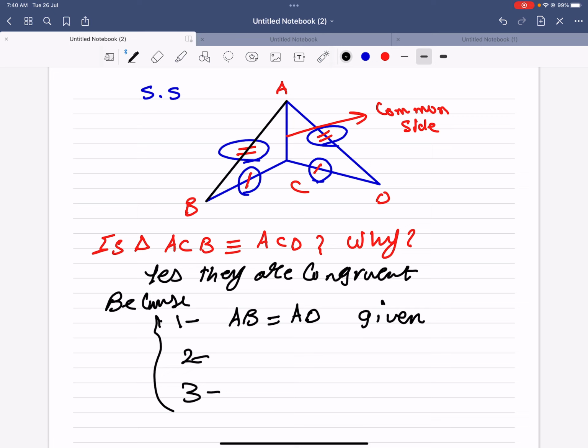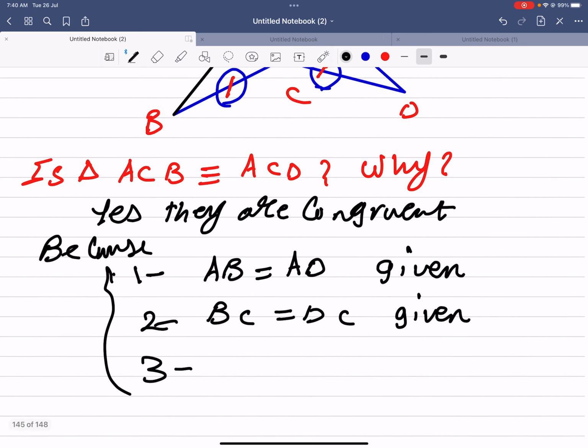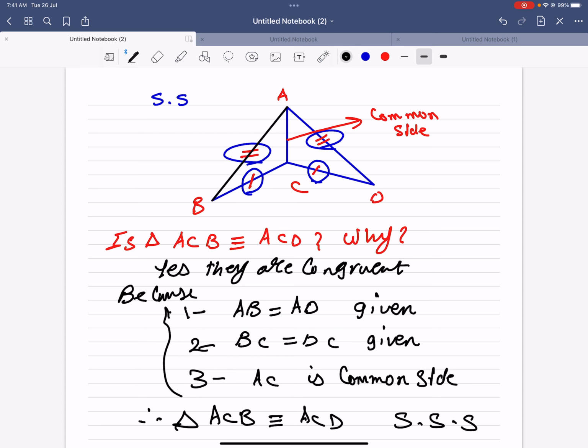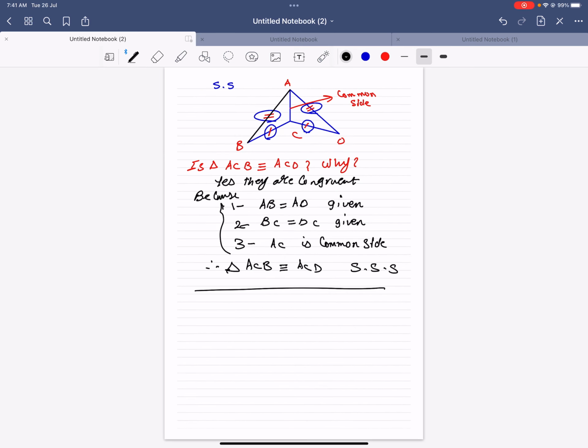And by the way we have here BC congruent or equal to DC, given. And the third side here, AC is common side, so we did use that. Therefore the triangle ACB congruent to ACD, and sometimes you have to show the case. I mean it will be SSS. بمنتهى البساطة يعني سهلة جدا واكزامبل ما فيهوش اي حاجة ويعني بسيط جدا جدا جدا.